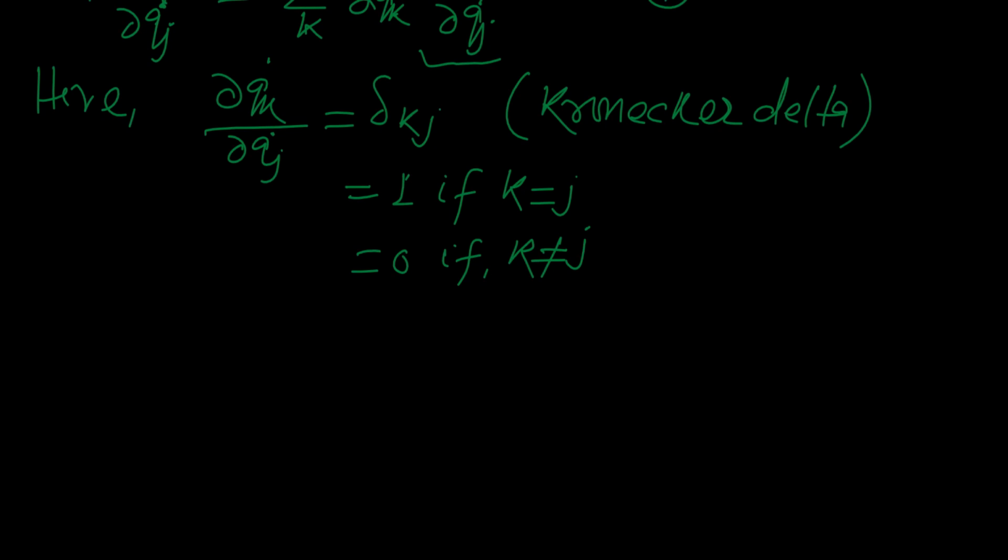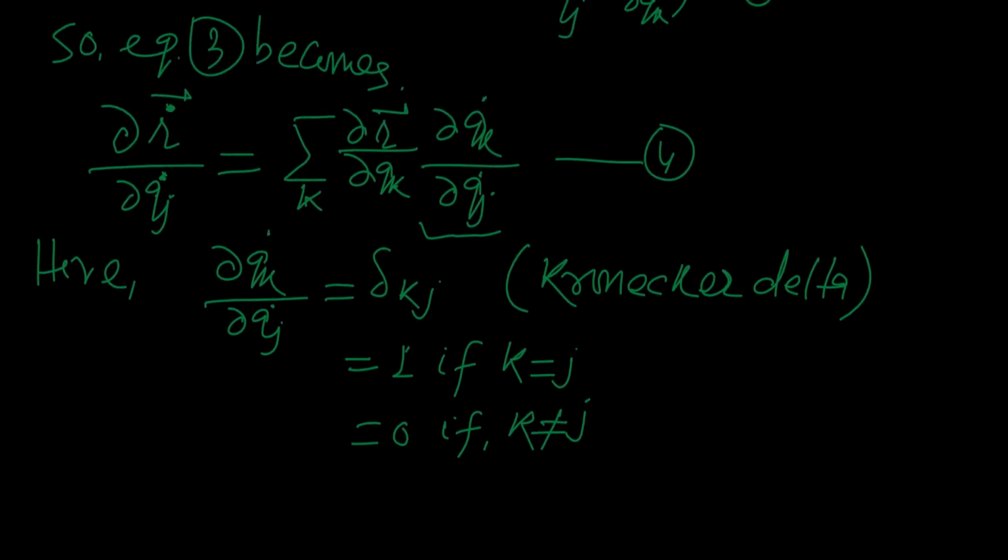So what we find from this equation 4, you may see when we take k and j different, this result will be 0. So ∂ṙ/∂q̇j will be 0 and this will give no result.